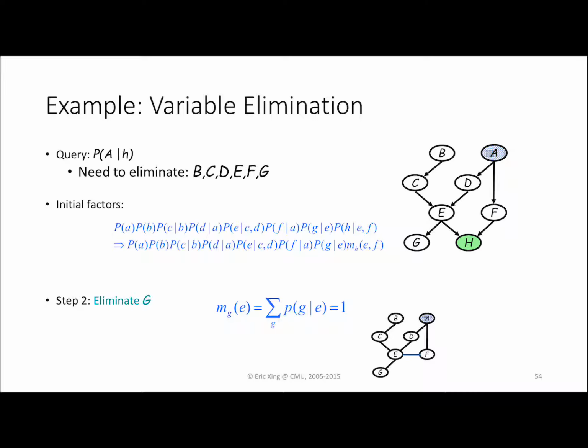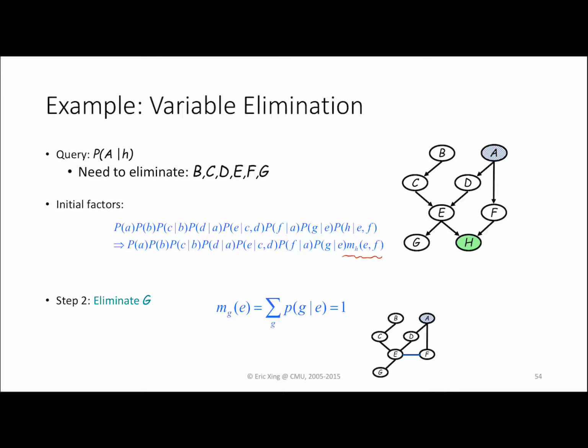Okay, so now I want to eliminate G. What should I do? You have a term that's coming from your previous message, and you want to eliminate G. What should I do? We just talked about it. Push the sum forward.